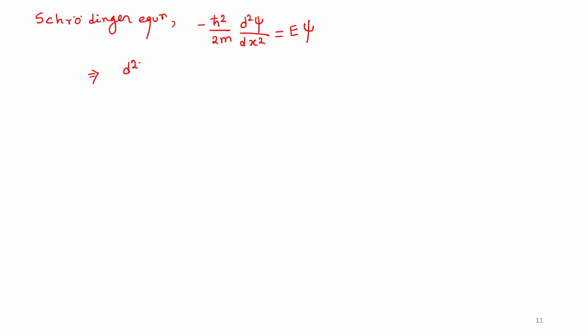So d2 psi by dx square is minus 2mE by h cut square psi, right? Let us assume that 2mE by h cut square is k square.